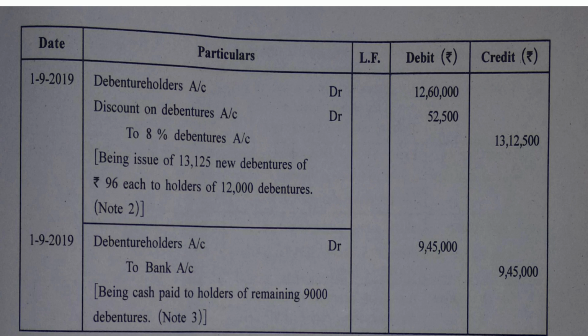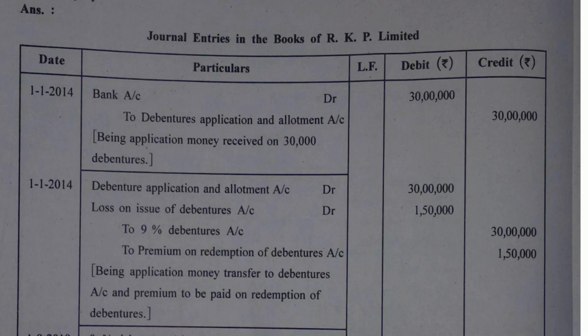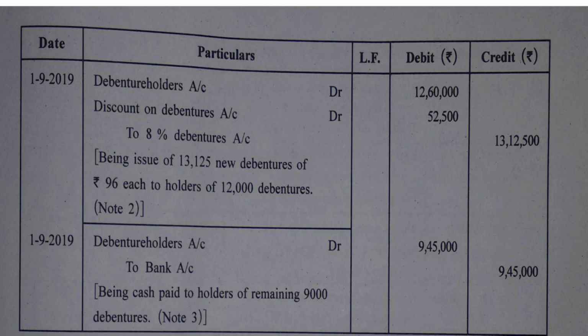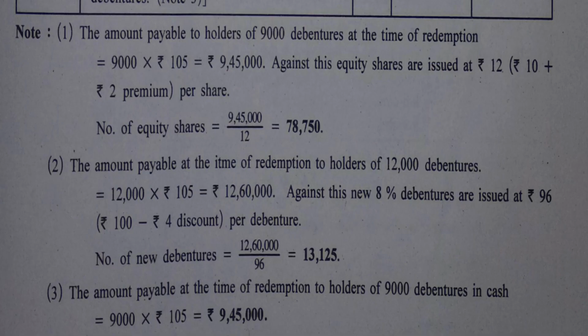Out of 30,000 debentures, 21,000 debenture holders have been settled. And they say remaining have accepted cash. Yes? So remaining is how much? Is 9,000. 9,000 have accepted. Let us see the calculation. Yes. 105 rupees simply. So 9,45,000.